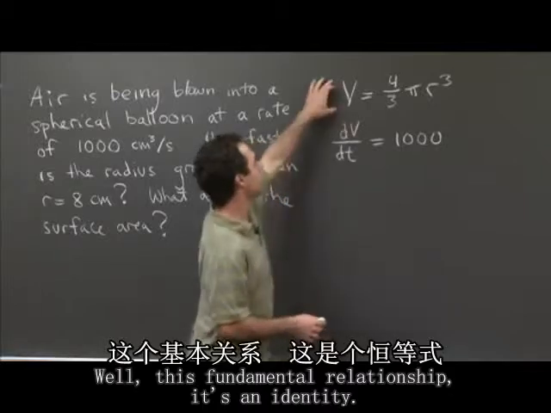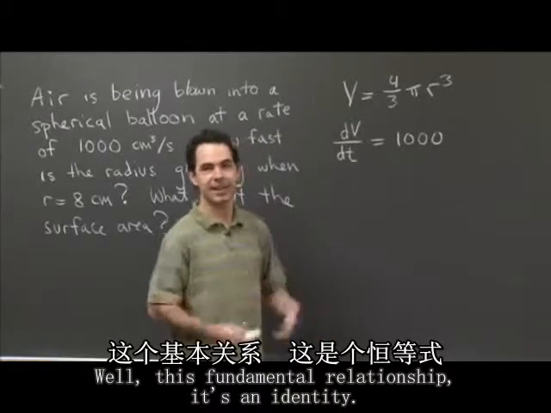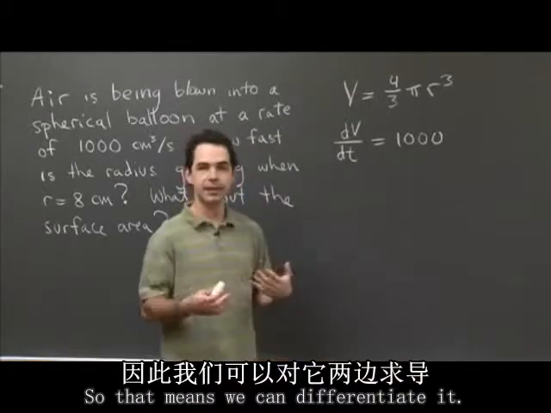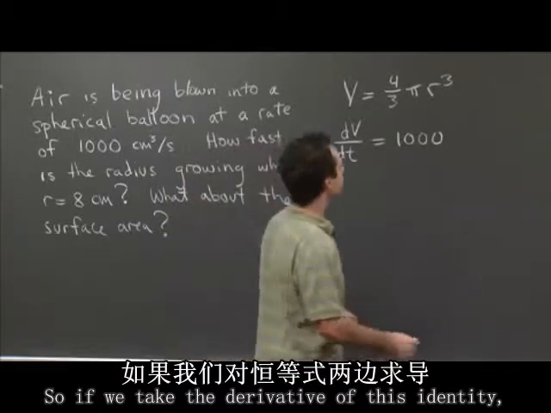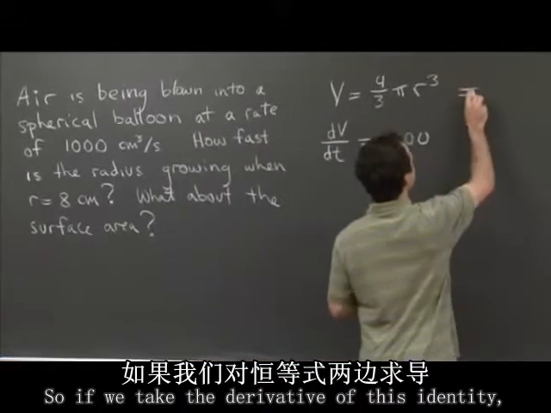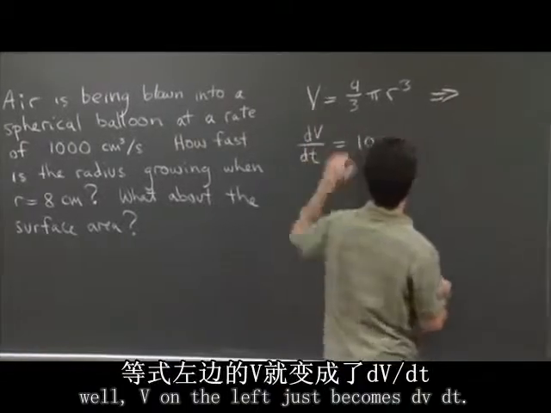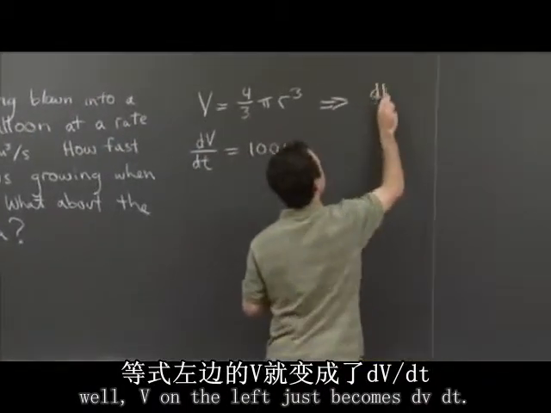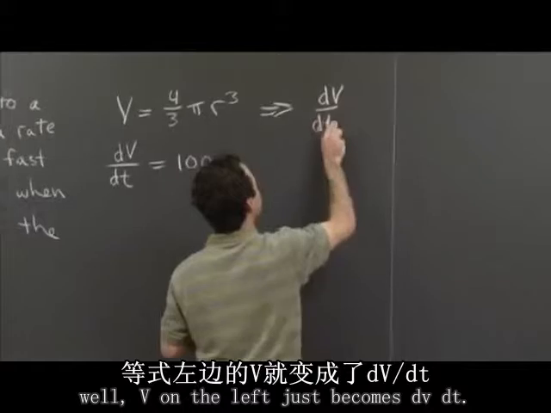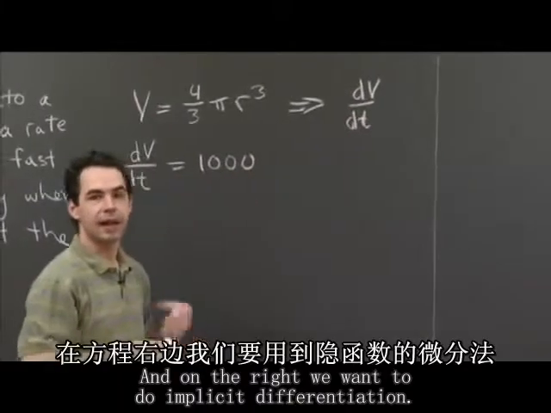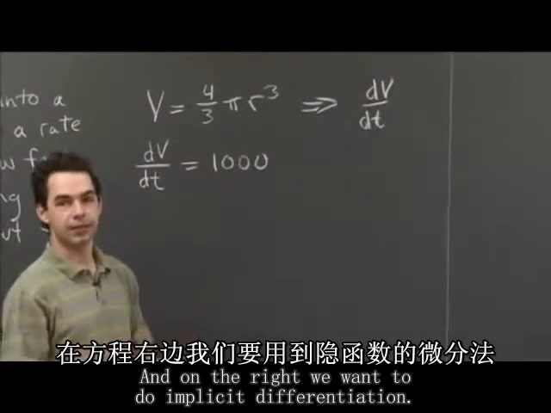So how can we do that? Well, this fundamental relationship is an identity. It always holds, so that means we can differentiate it. If we take the derivative of this identity, V on the left just becomes dV/dt. And on the right, we want to do implicit differentiation.